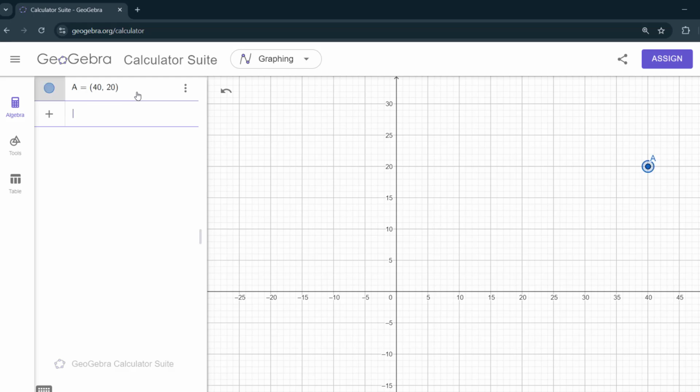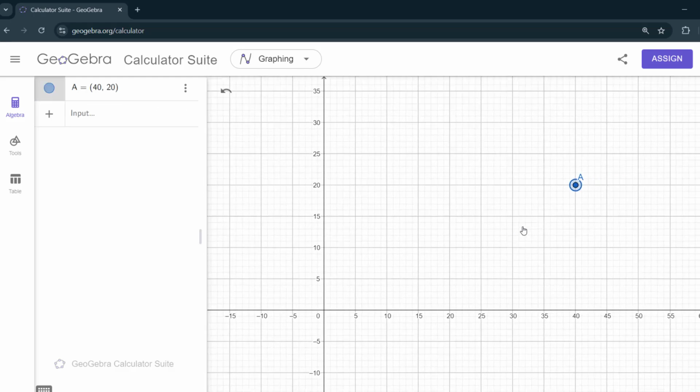Notice this point appearing at the appropriate location. What I can also do is give this point a specific name. You can notice the letter A, which comes by default, and I can change this to, let's say, Jeff. Do also cross check at your end that the coordinates are correct, which is 40 and 20 respectively.